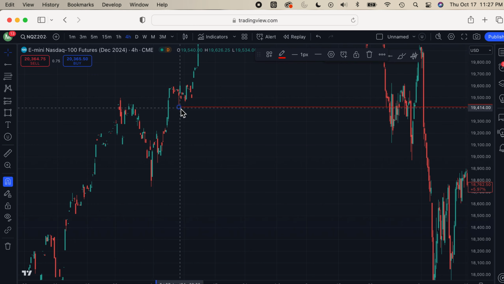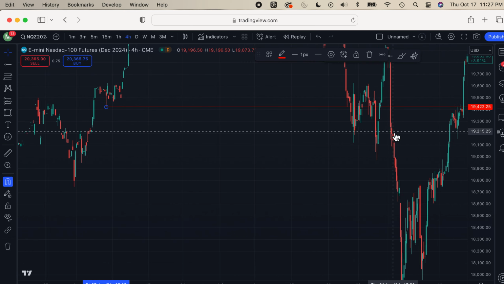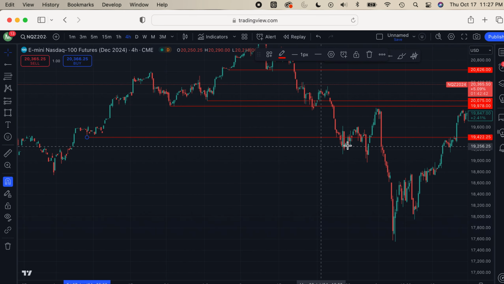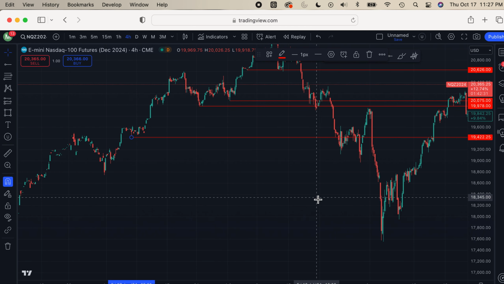Low of this candle was 19,422.25, 19,420.50. So that did pierce it just a little bit. And what did that cause? That caused a fake breakdown here because they didn't bounce before the break. So they got a reversal the other way, right?